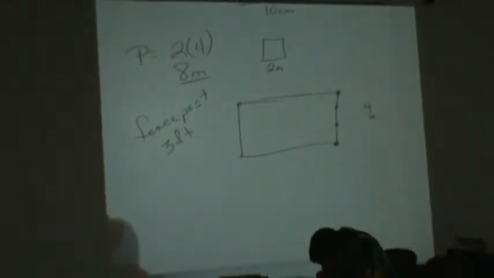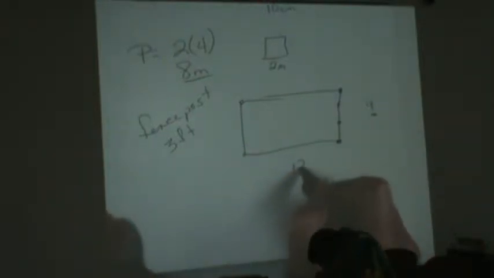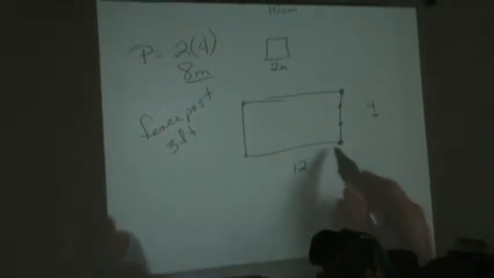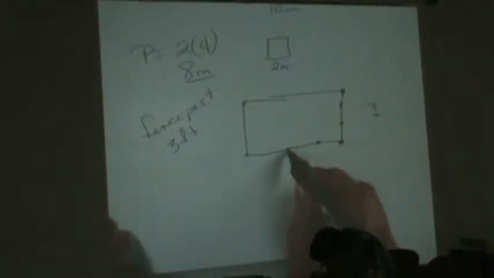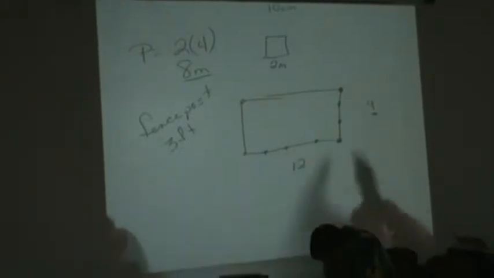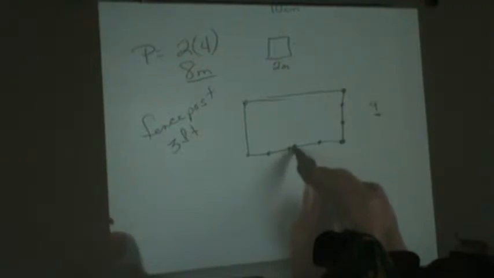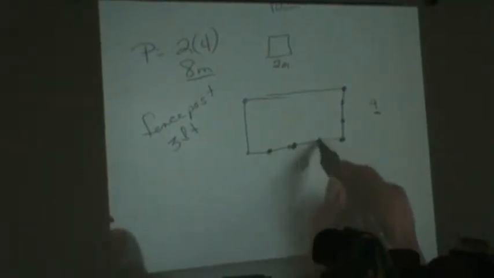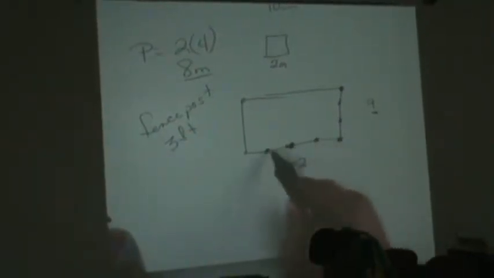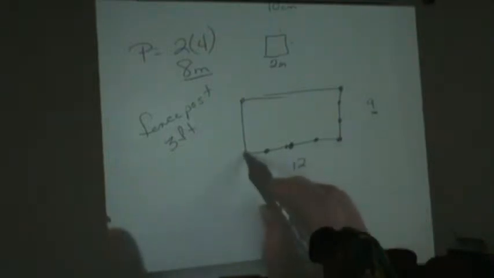There's 4 fence posts on that side. So, to me, it's the easiest just to draw it out. For 12 of them, you need 3, 6, 9, 12. That's not very even. This would be more like right here. So you're going to have 1, 2, 3, 4, 5 on that side, aren't you?